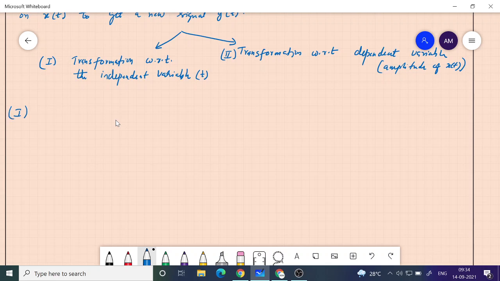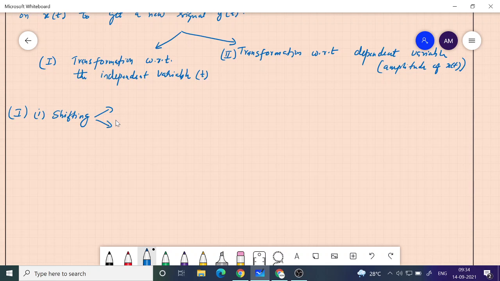Then number 1. Again we can look at many cases here. The simplest thing that you can think about is called shifting operation. Again you can divide this into two cases.